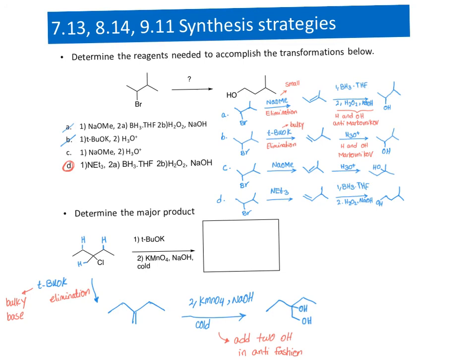Now, do I need to show the stereochemistry on this carbon and this carbon? No, because this is not a chiral carbon. These two sides are exactly the same, and we have 2 hydrogens here. So we are going to form only one product. So this is our final product.